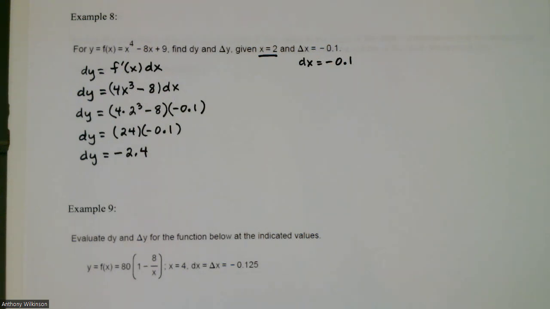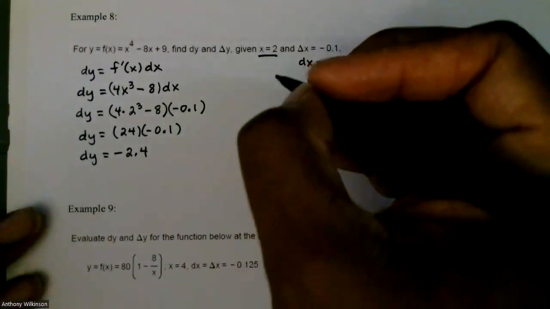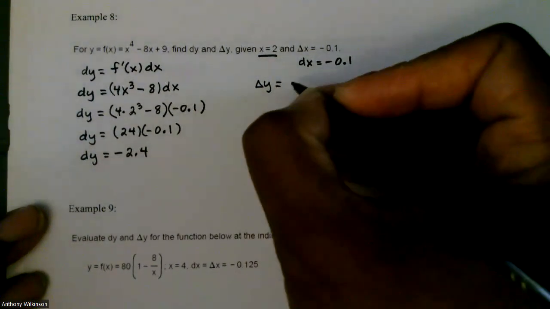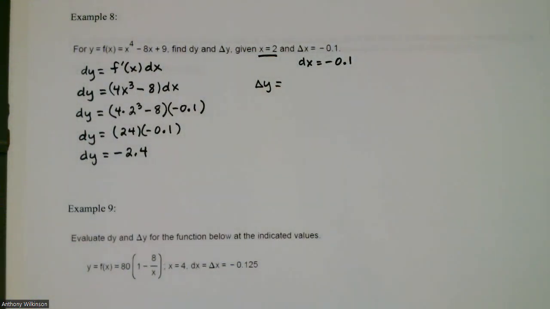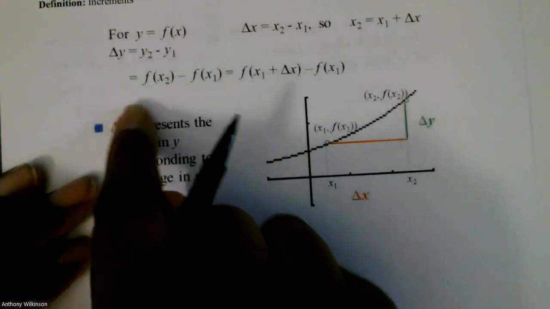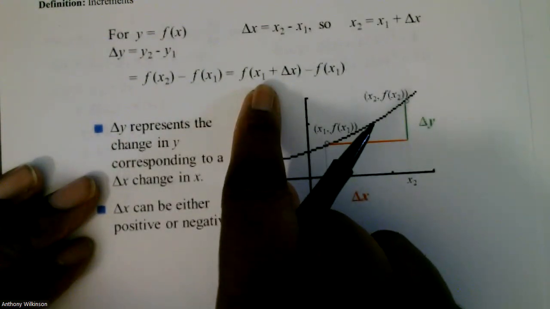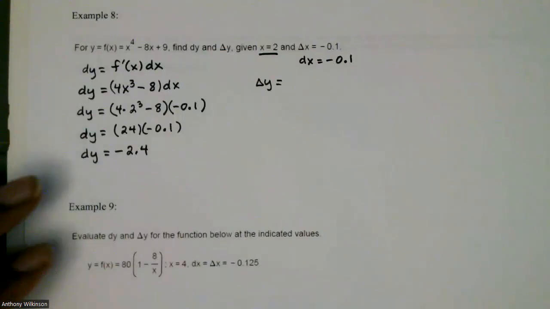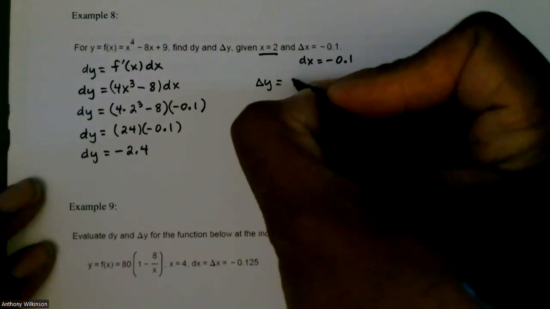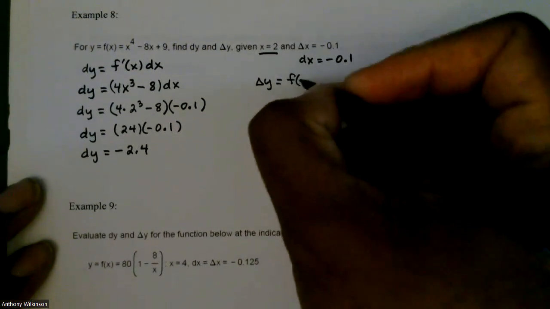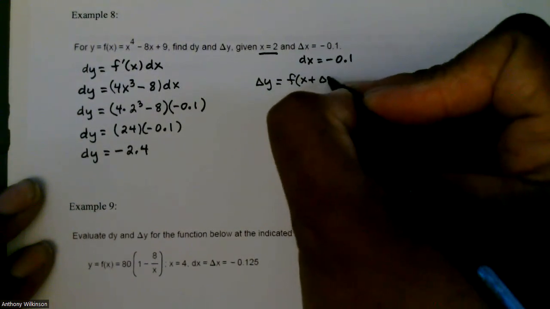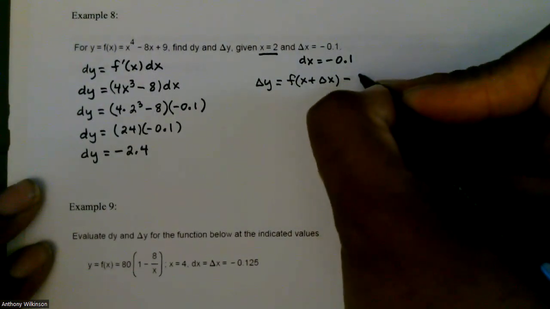Okay, now they also ask for the change in y, or delta y. And delta y, if you recall, is actually this right here: f of x plus delta x minus f of x.